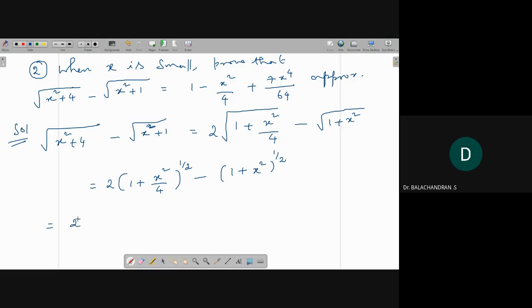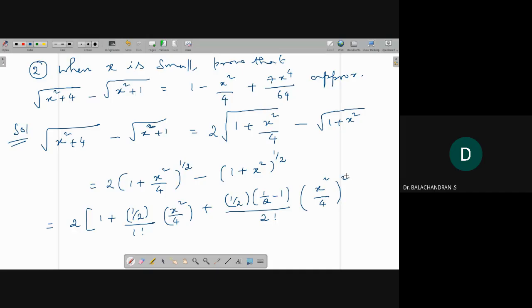So 2 into 1 plus x, n is 1 by 2 divided by 1 factorial into x, x is here x square by 4, plus n into n minus 1, 1 by 2 into 1 by 2 minus 1 divided by 2 factorial into x, x is here x square by 4 whole square, because the maximum power is 4. That's why I'll stop here, because x square power square is x power 4.